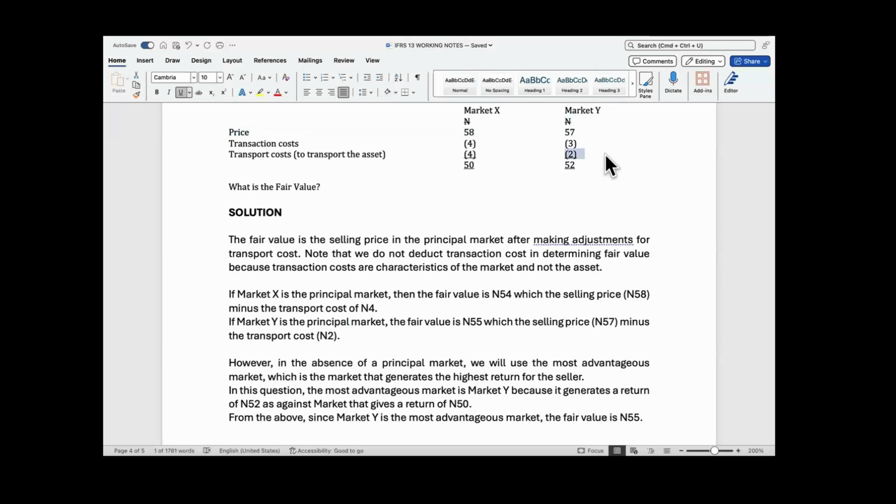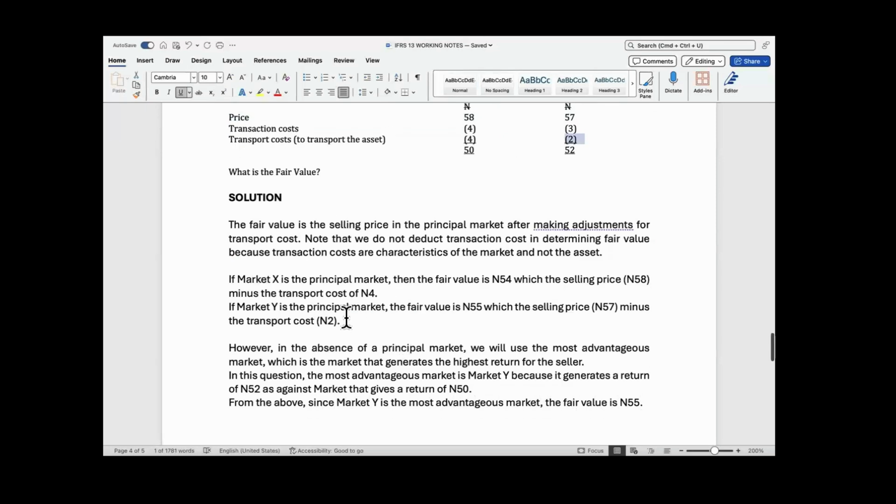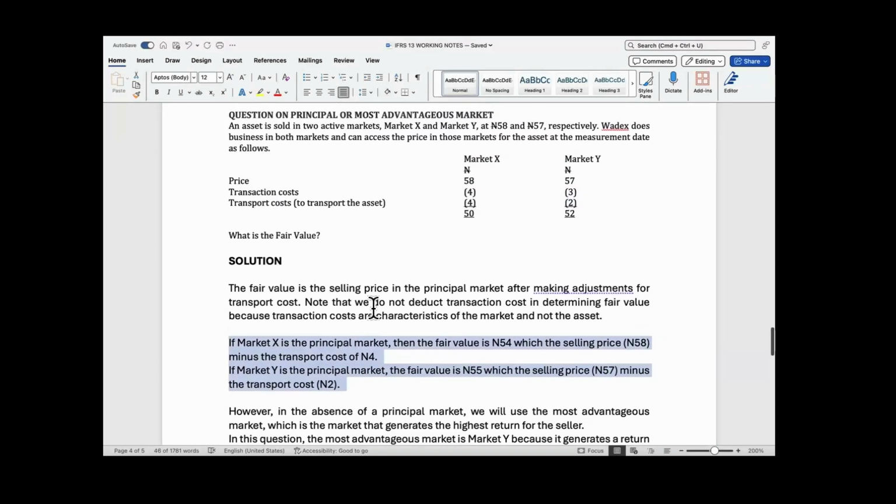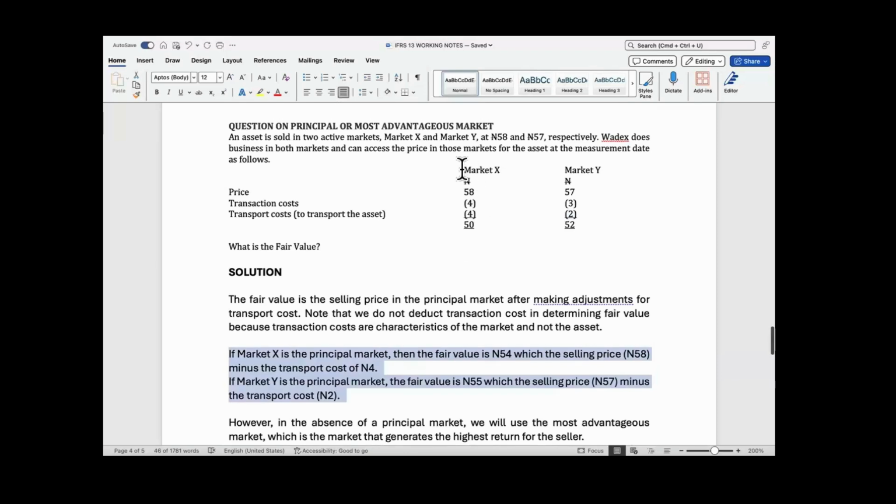Okay, so you need to just get the logic here. I want to believe you understand it up to assuming each of them is the principal market. Why I'm doing this is because the question did not give me sufficient data for me to determine which is the principal market.